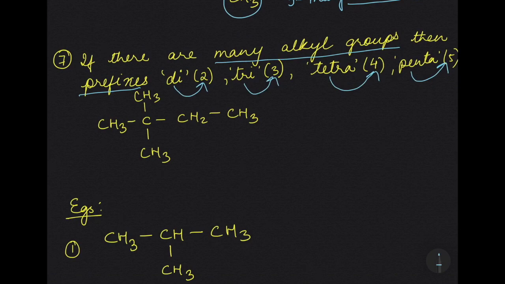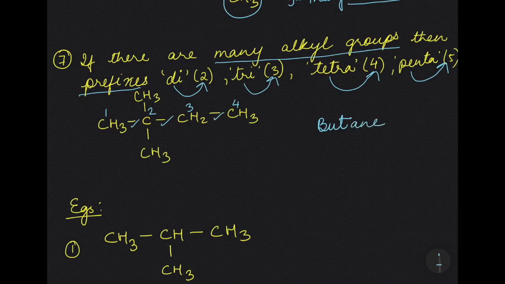Now, for example, here, what is the root name? First, you need to number: 1, 2, 3, 4. So, 4 carbon means what is the root name? But, all single bonds, butane.